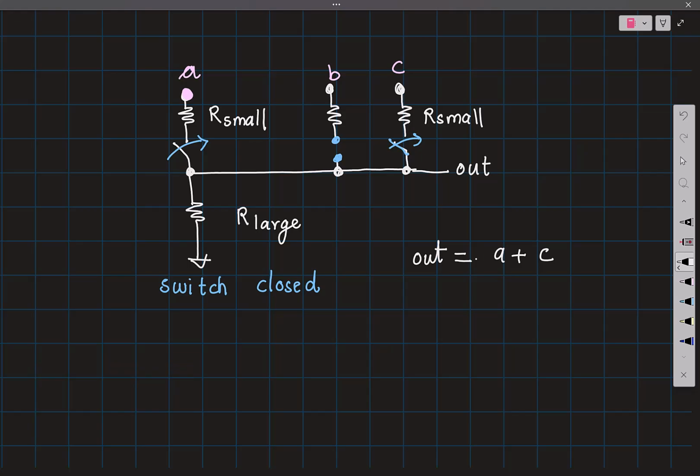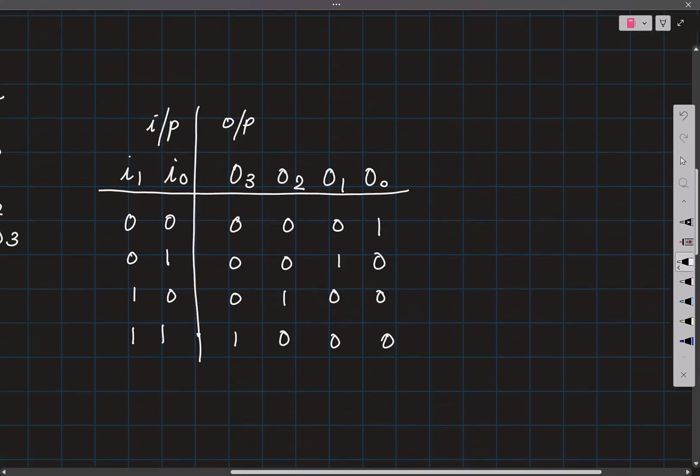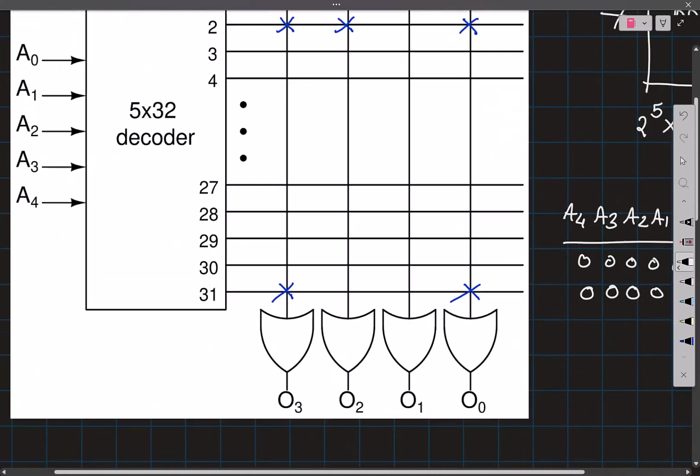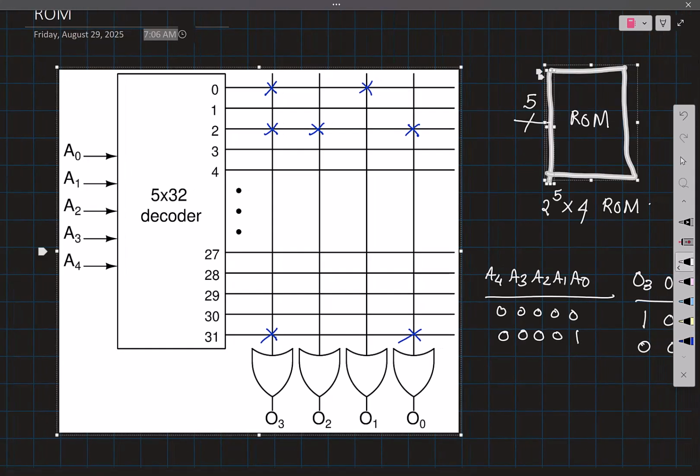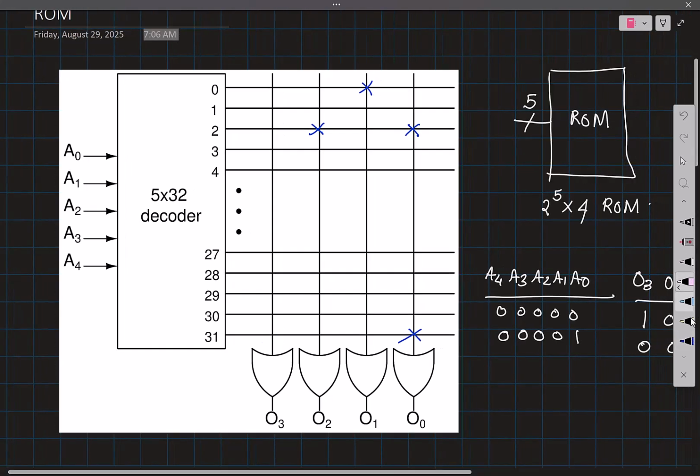Right? So in effect, this OR gate can be thought of as you have some very large resistance connected to ground, right? And depending on which of these paths are shorted, you will have an OR operation directly happening on this net.